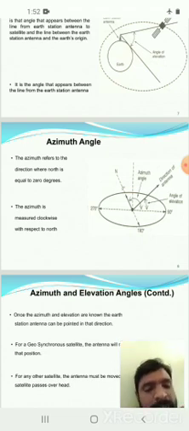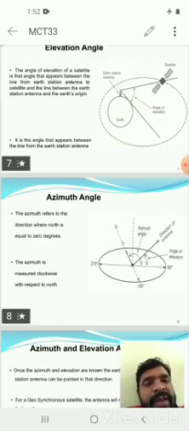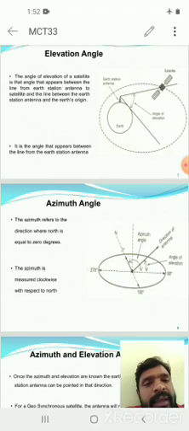Here, the two diagrams. The first one is the elevation angle. Here, the angle pointing horizontally from earth station to satellite is called the angle of elevation.